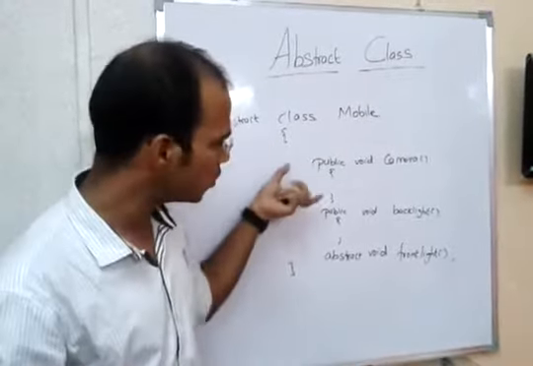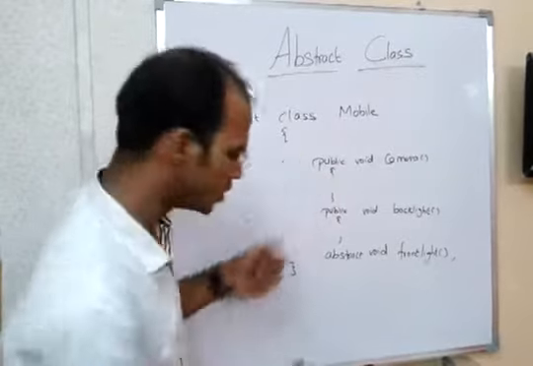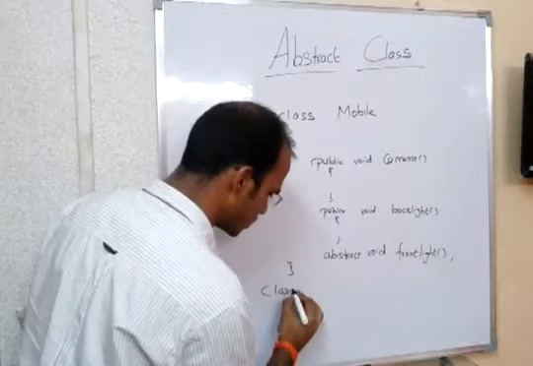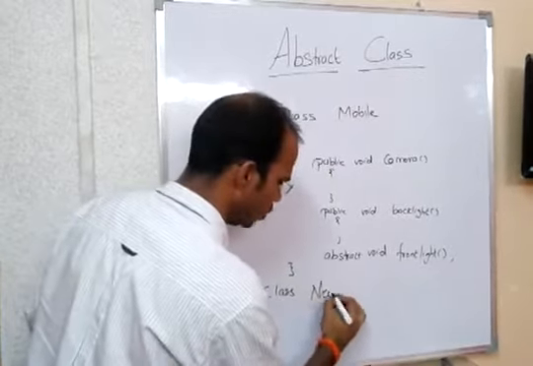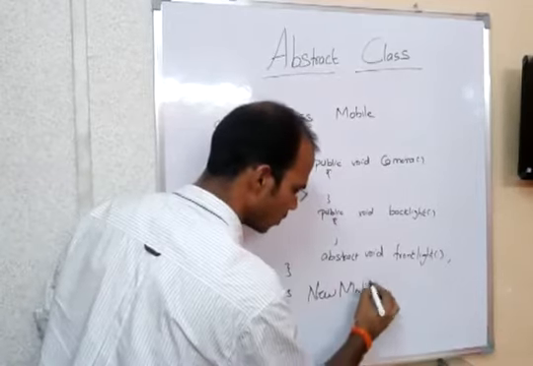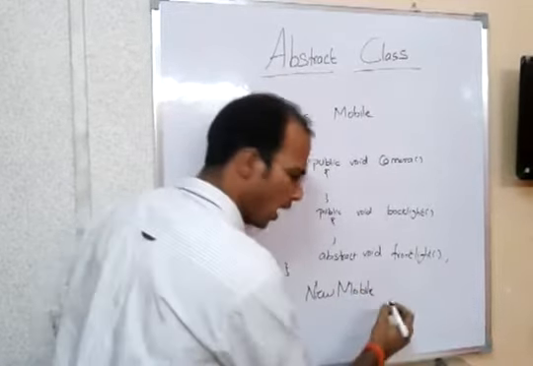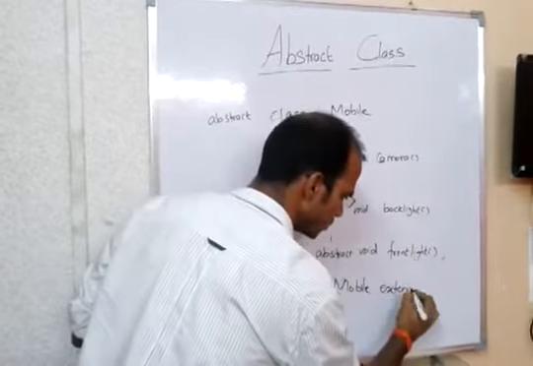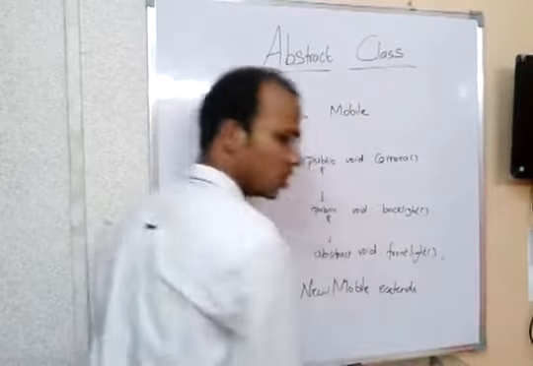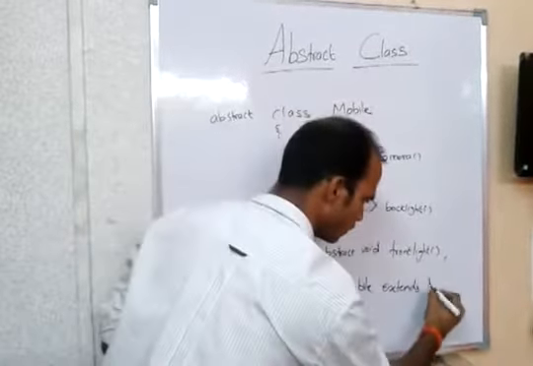Now, in case you have to use this method, you have to create a new class called New Mobile, and you have to extend your abstract class, which is Mobile.